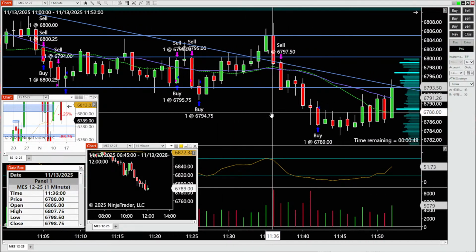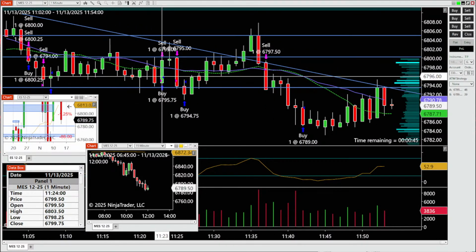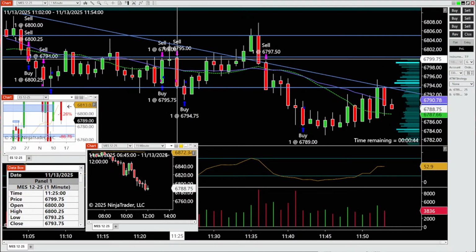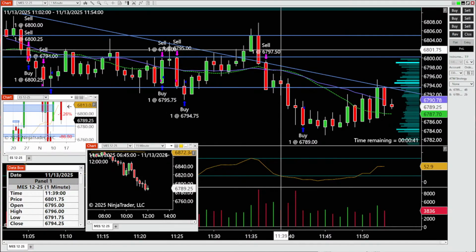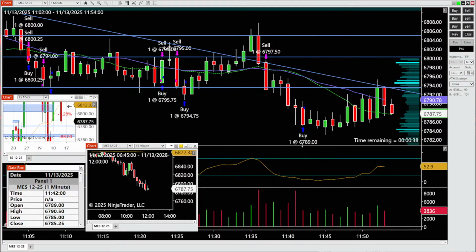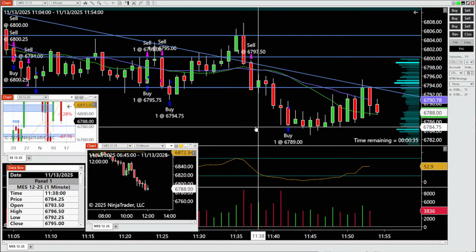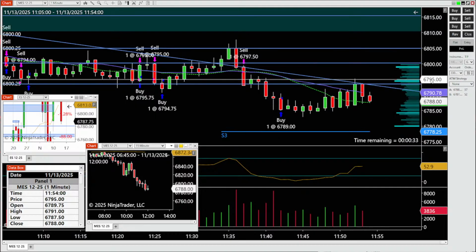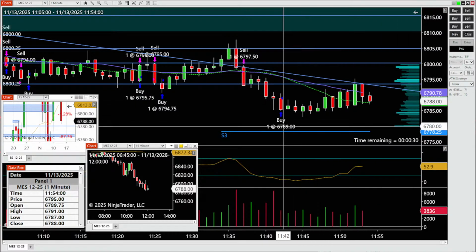I was struggling in that area with them. Then I sold at 67.97.50, and I bought back at 67.89. That was the last trade. So that was a good trade here.